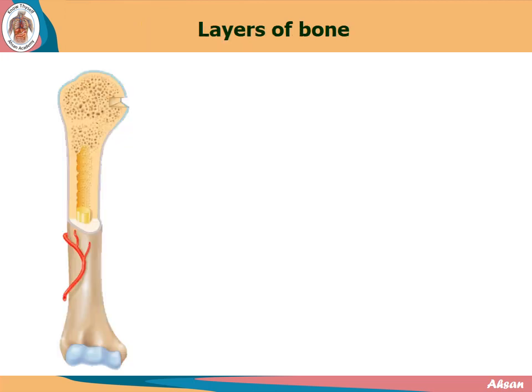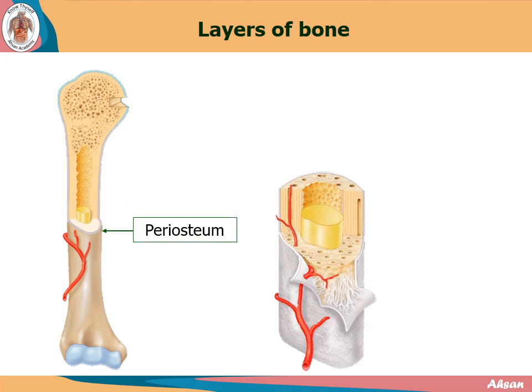If we summarize the layers of a long bone, the outer covering is the periosteum. It is not mineralized; it is membrane-like, and it is present all over the bone except the surface that makes the joint, known as the articular surface. Articular surfaces are covered by cartilage.